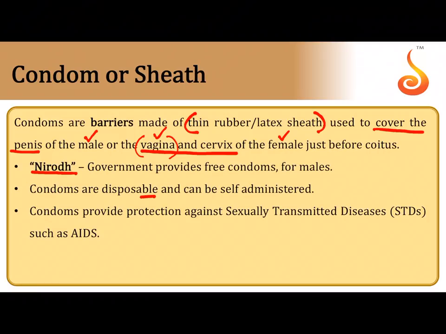Condoms are disposable, and they can be self administered without any medical supervision. Another very important advantage is they offer protection against some of the deadliest sexually transmitted diseases, including HIV, that is AIDS.